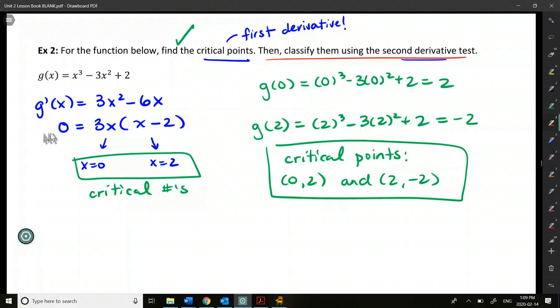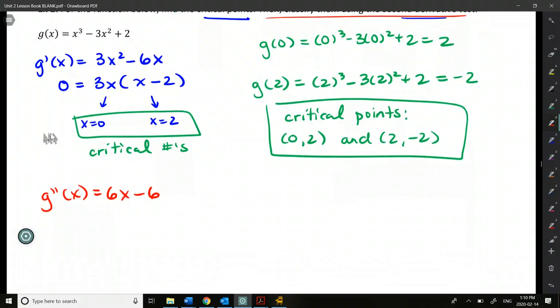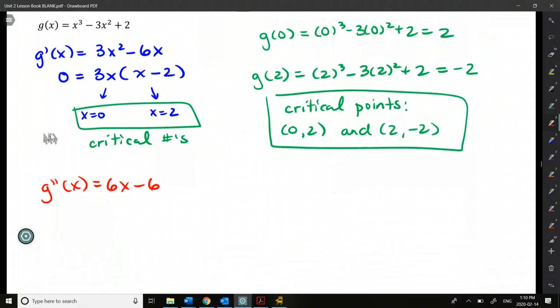Okay, so when we say classify, we mean like, are they local maxes? Are they local mins? Are they neither? So in order to use the second derivative test, we're going to find the second derivative. And the test is this. All we need to do is plug in each of the x values from the critical points, or just these critical numbers from above, and see whether the second derivative gives us a positive, negative, or equal to 0.